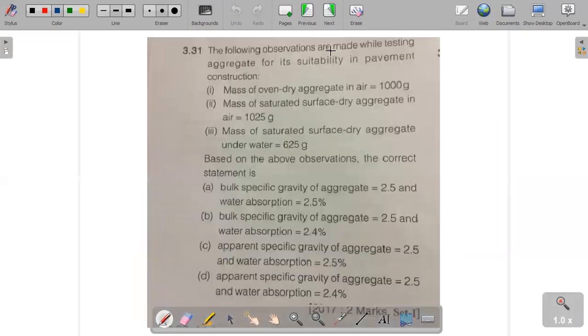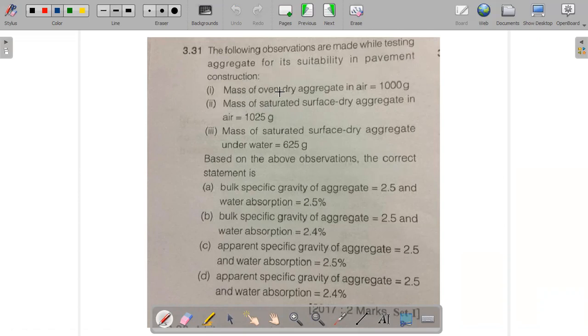Let's move forward to our next question, which is a GATE 2017 2-mark question asked in Set 1. The question is: the following observations are made while testing aggregate for its suitability in pavement construction.